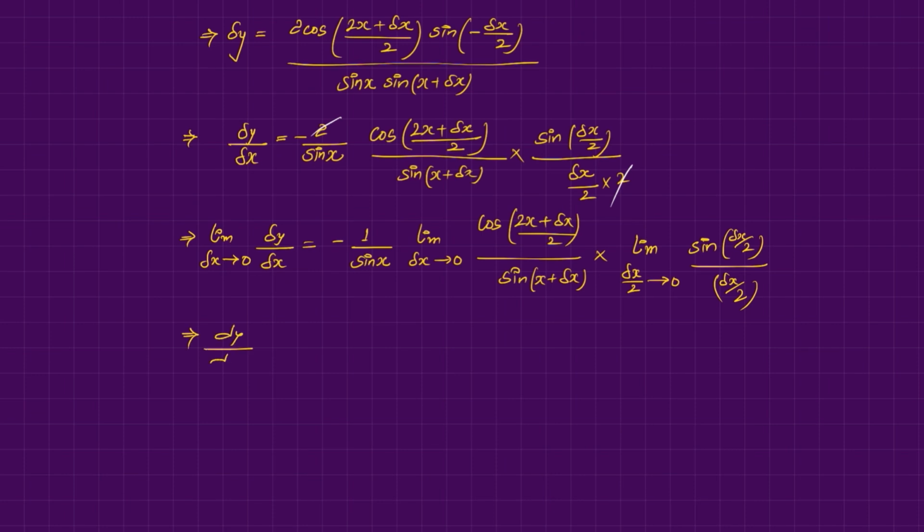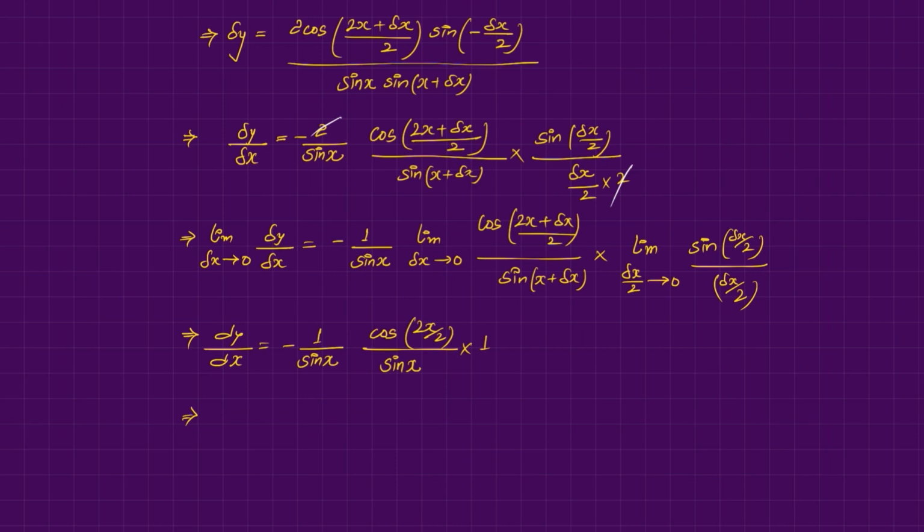dy over dx equals minus 1 by sine x, cos of 2x by 2 whole divided by sine of x into 1.